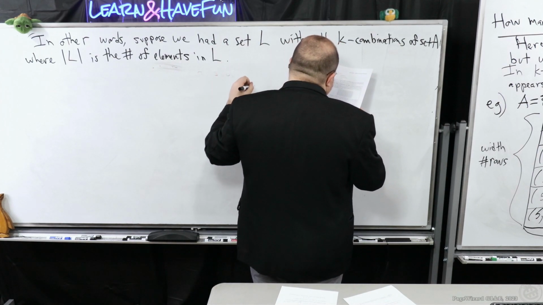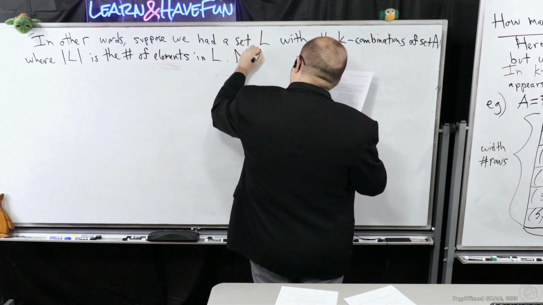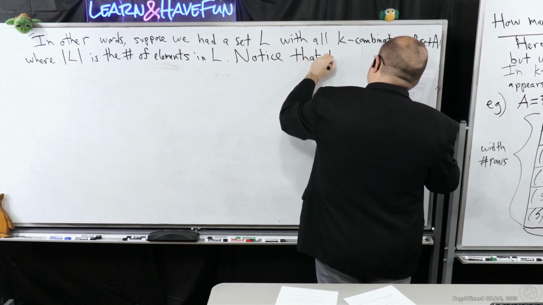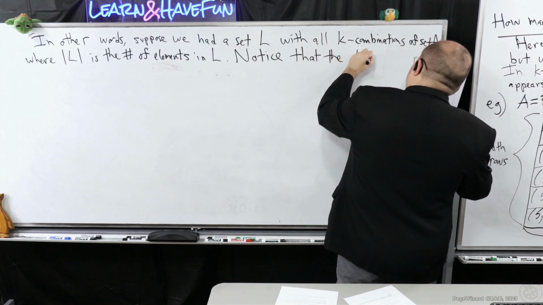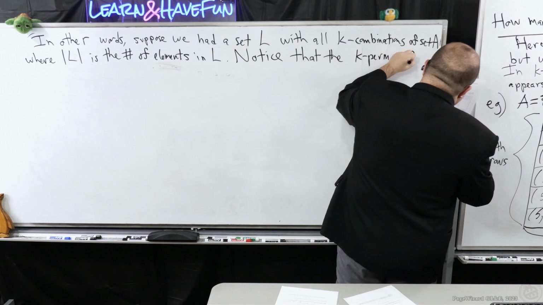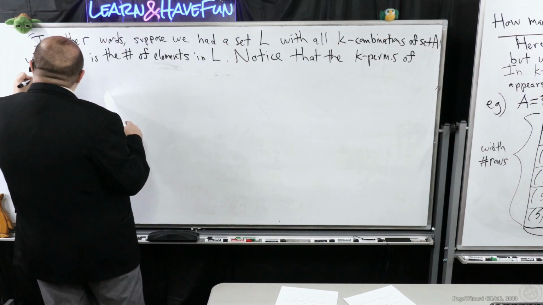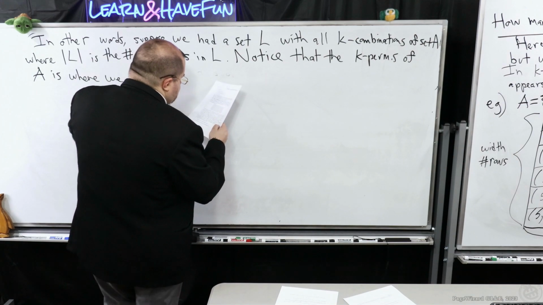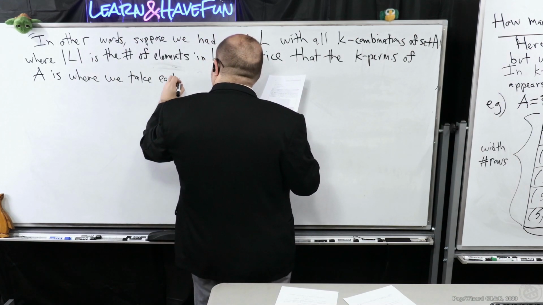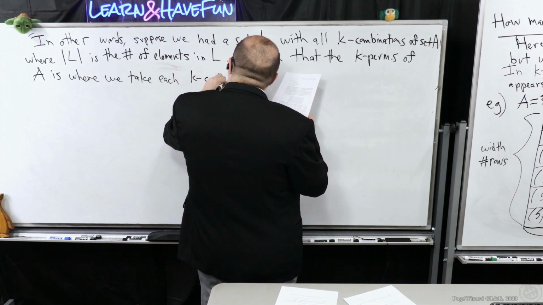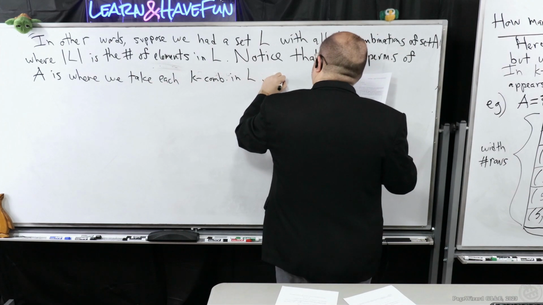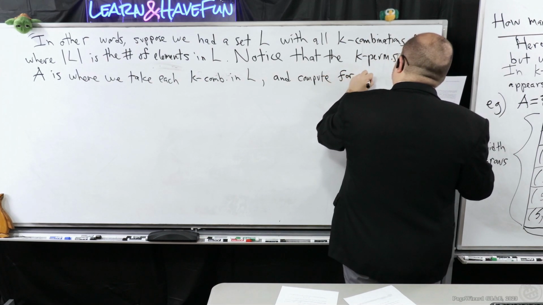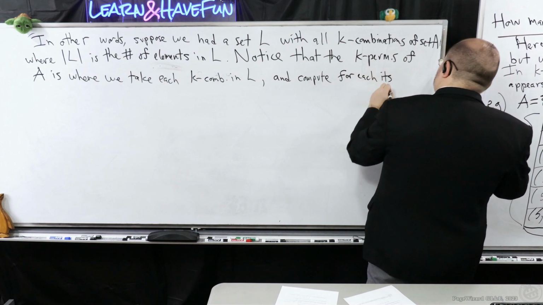So I want you to notice something. Notice that the k-permutations of A is where we take each k combination in L and compute for each its permutations.